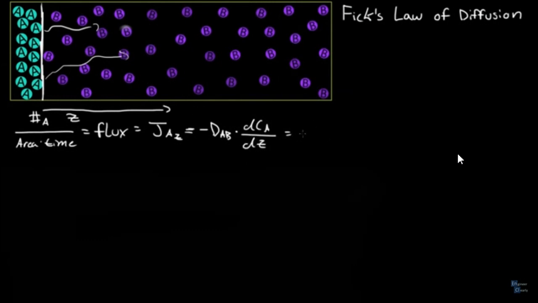So then another way of writing that is the negative diffusion coefficient of A into B times delta C over delta Z, where delta Z is just equal to, let's say if we start right there, this would be Z1. And this would maybe be Z2.